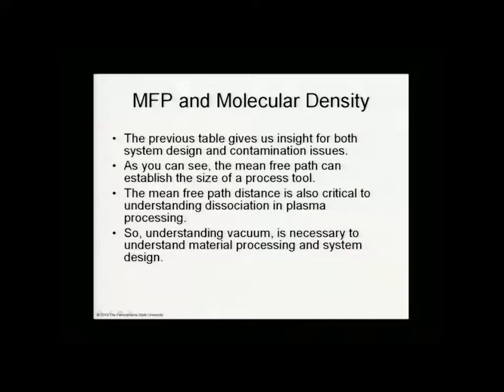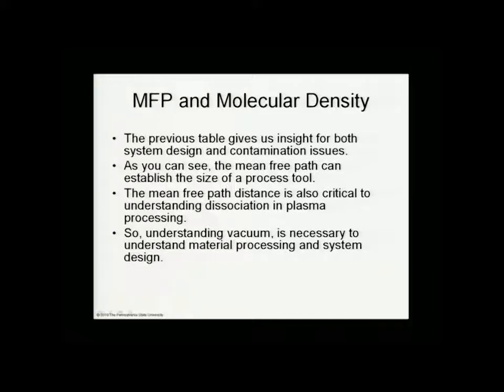The table that we just looked at shows us what we need to do if we want to control the mean free path: the kinds of pressures, the pressure ranges. And remember, the mean free path is important because it controls conformality, etching, and plasma generation. It's also another way of measuring how many gas molecules are around and what kind of contamination might be present.